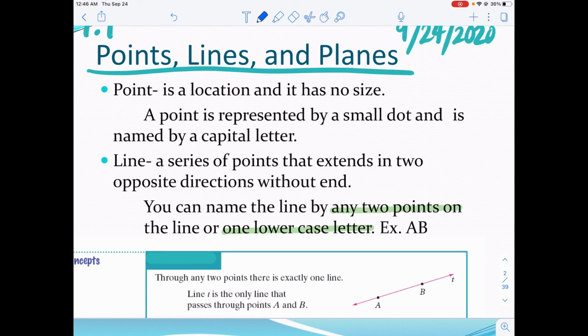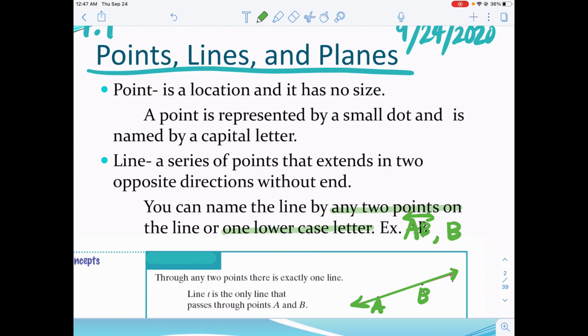So our first example is right down here. It's line AB. I wrote that down here, and when we write line AB, we have to make sure we include the symbol, which is a line with 2 arrows going in opposite directions. That is not the only option that we can use.